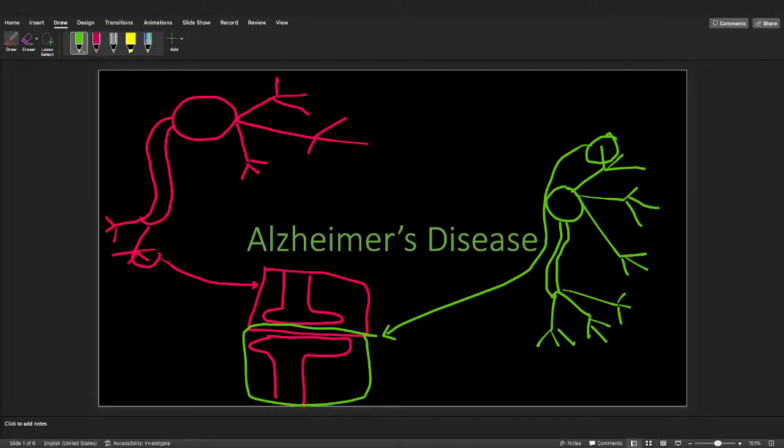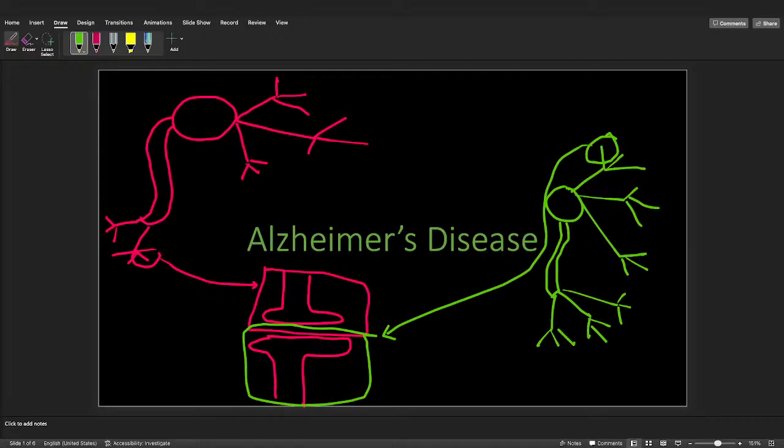Now, another thing I mentioned in the previous presentation is I don't want you guys to get confused between Parkinson's disease and Alzheimer's disease. Those are two very different things, and Alzheimer's is mostly going to lead to dementia or where memory loss occurs. Parkinson's is not really a memory loss, it's just an inability of having proper movement.